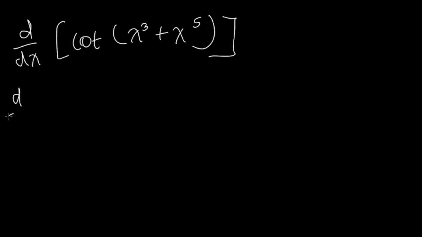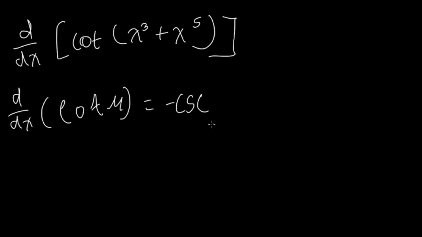So we know the derivative of cotangent of any u is equivalent to negative cosecant squared of u times u prime.